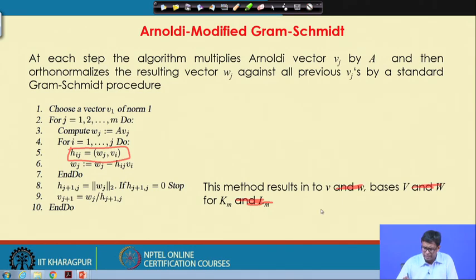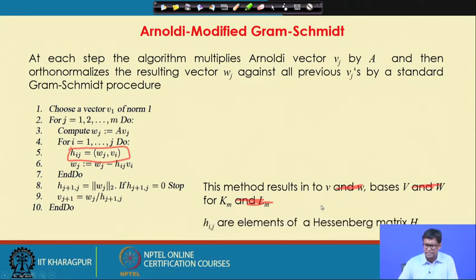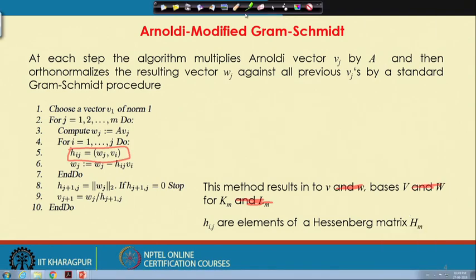And this Hij forms a Hessenberg matrix, H bar m. The Hessenberg matrix is basically an upper triangular matrix plus one subdiagonal term, and this is how we get Hj, because it goes up to Hj+1,j. So, it goes up to the diagonal term plus one subdiagonal term.